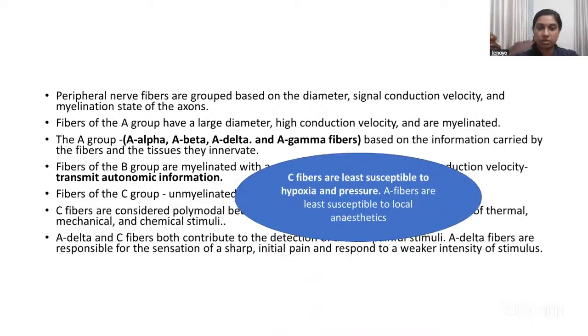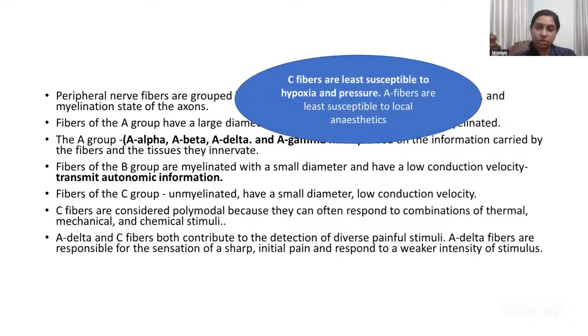One thing we have to notice, as this can be a potential question: C fibers are least susceptible to hypoxia and pressure because they are conducting very slowly. They are slow acting, with low conduction velocity.